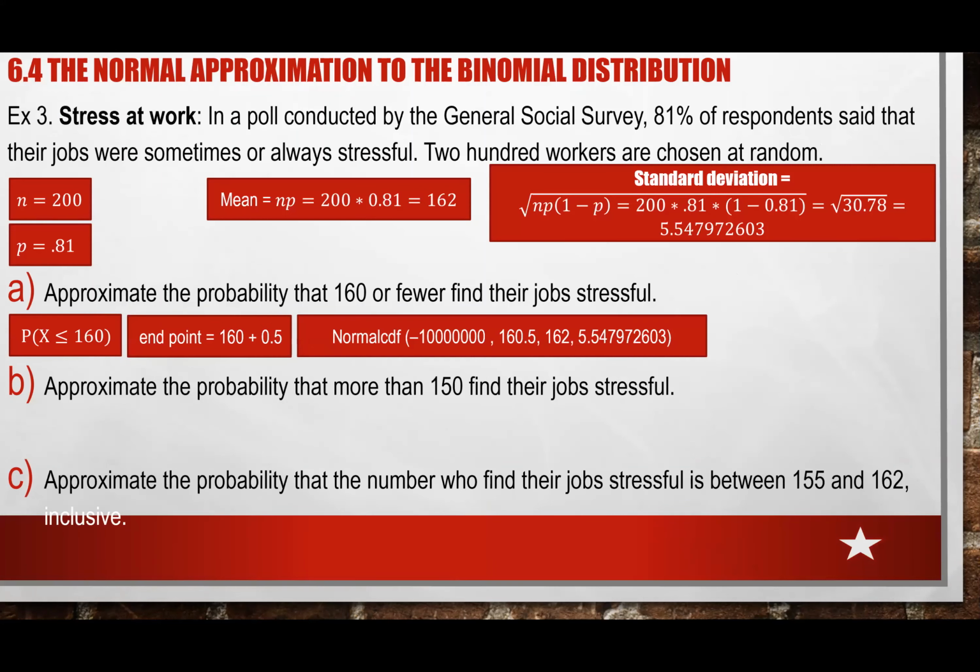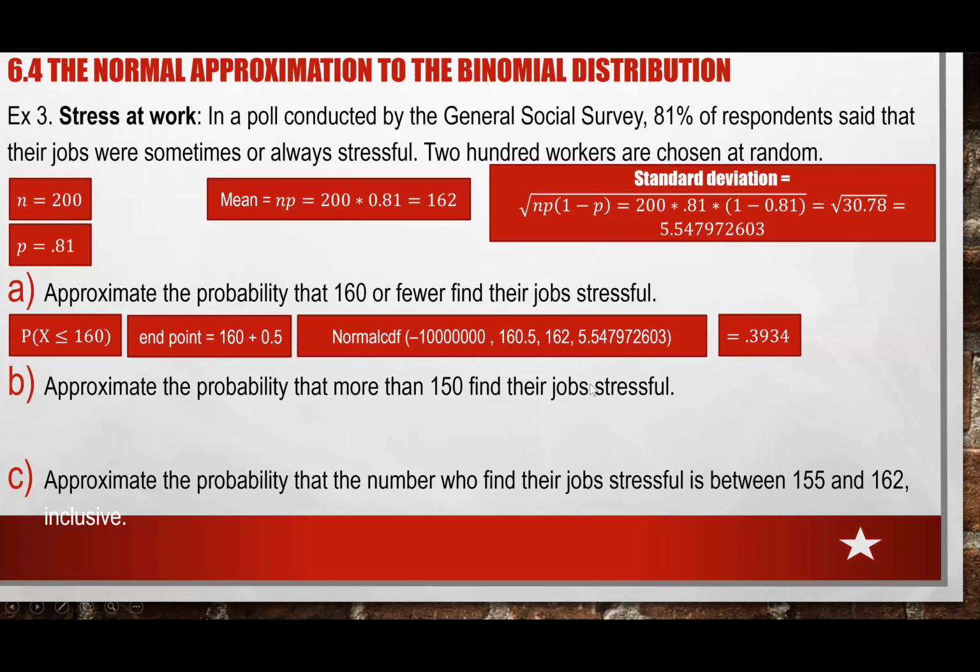So this is what I need to do: normal CDF, small endpoint, 160.5, and this gives me 0.3934. So roughly 40%. This means the probability that 160 out of the 200 say they are stressed at the workplace is roughly 40%.